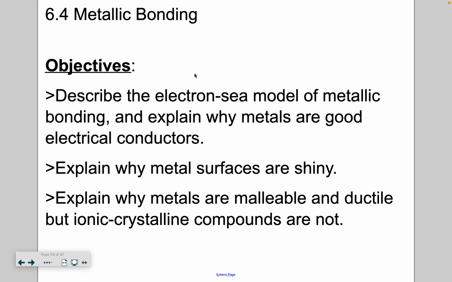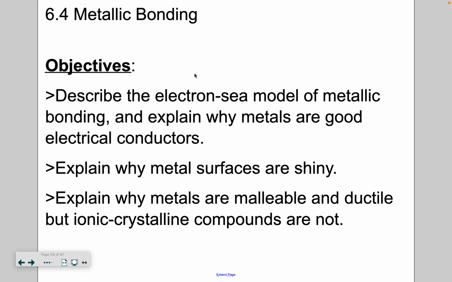I'm going to discuss why metals make such great conductors, why they are shiny, and why they can conduct electricity. And everything pretty much reflects back to this property of highly mobile valence electrons. You don't see this mobility in molecular compounds, okay?